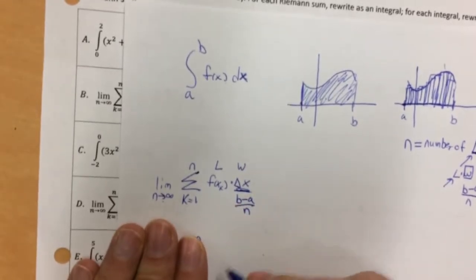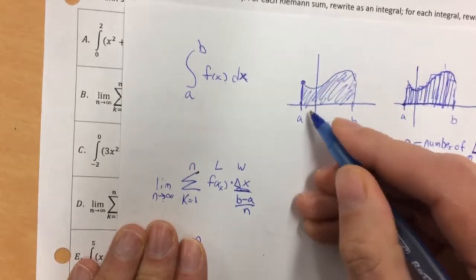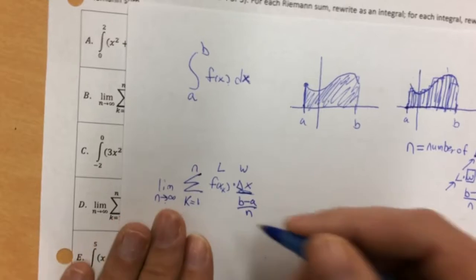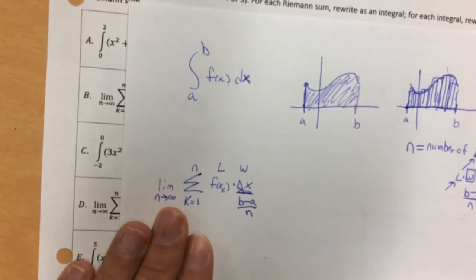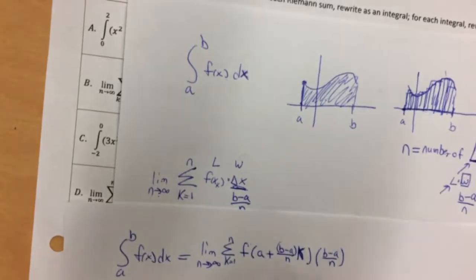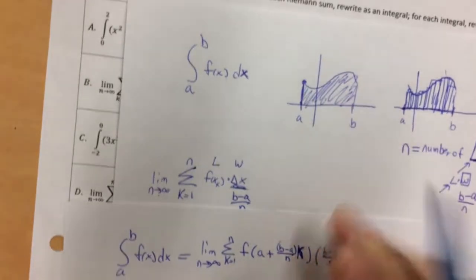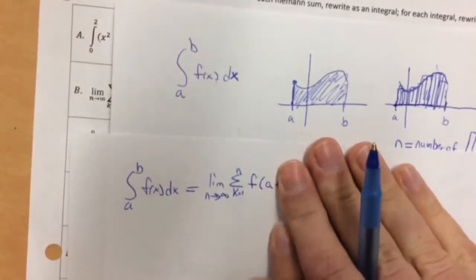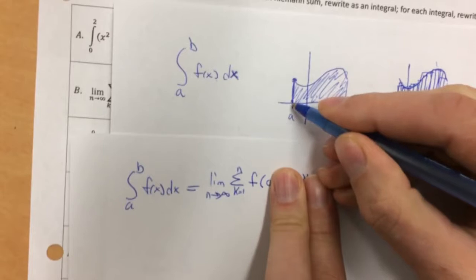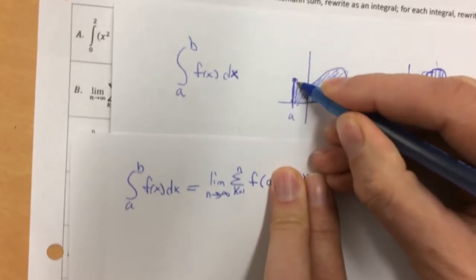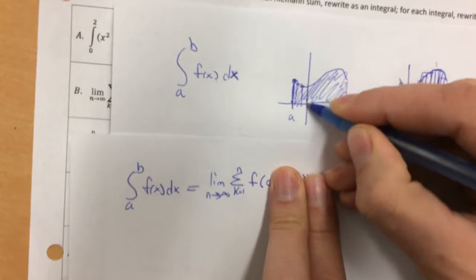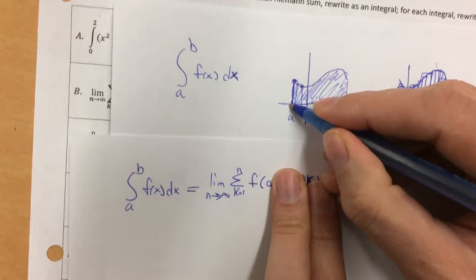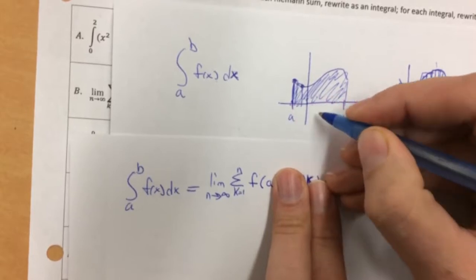The lengths, if we start from the left side, will start at whatever a is, f of a. There's a pretty easy way to see it. The first rectangle will be f of a, plus how far over have you gone? The first rectangle is maybe right there, but the second rectangle is going to be at a different height, and that height is going to be f of this x value plus however many distances you've gone.